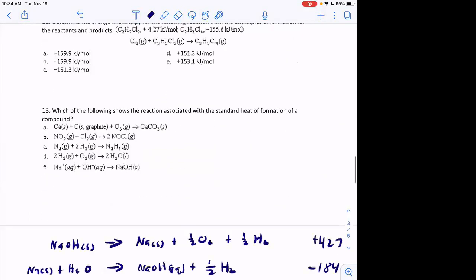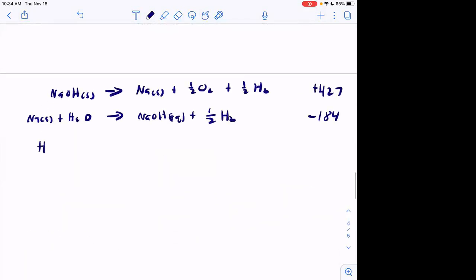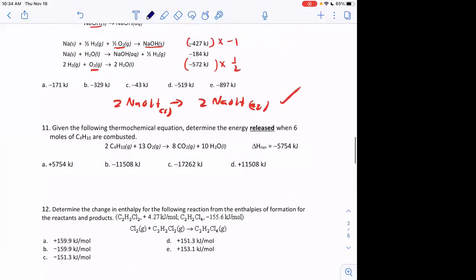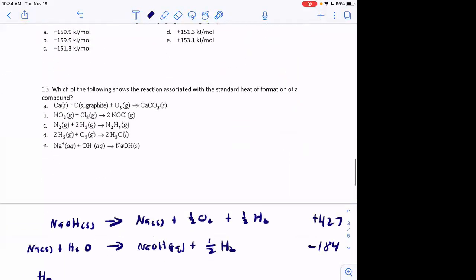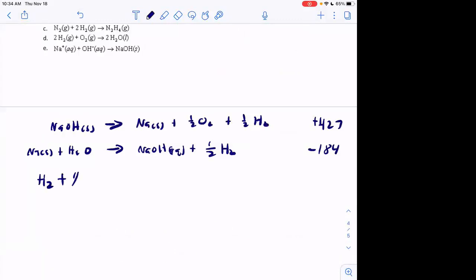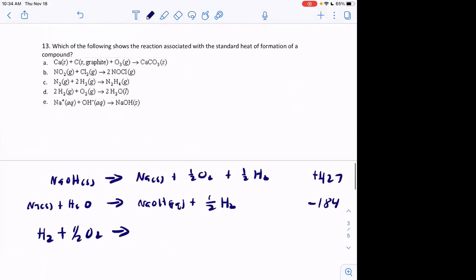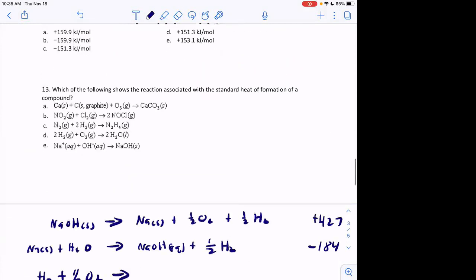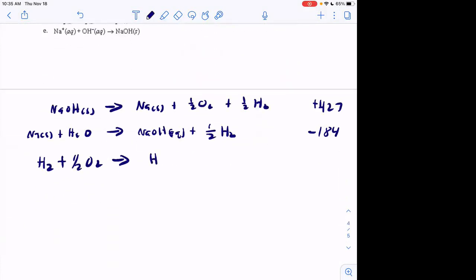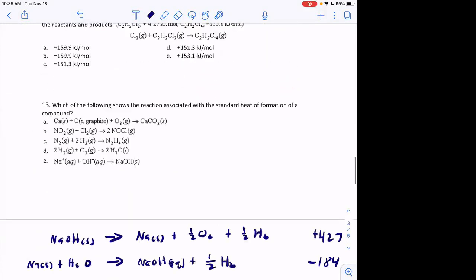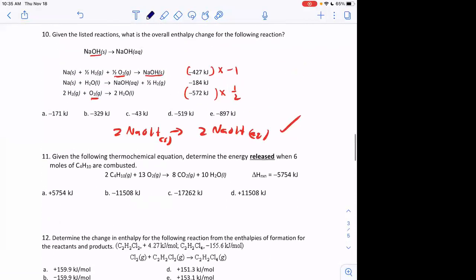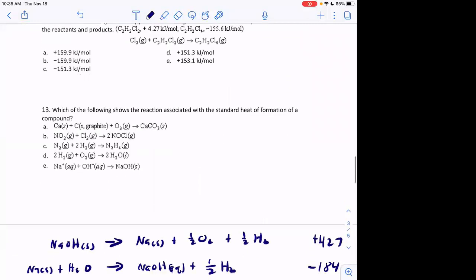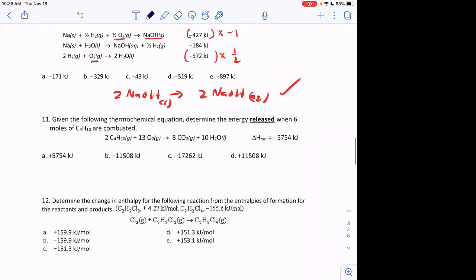So we got H2 plus 1/2 O2 goes to H2O, 1 H2O liquid. Now we multiply it by 1/2, so we'll have 250, 30, 286, right? Did I do that right? Negative 286.